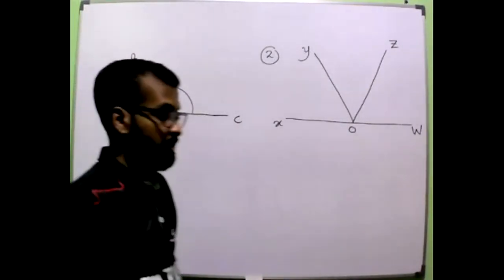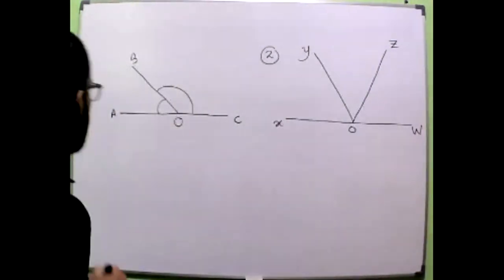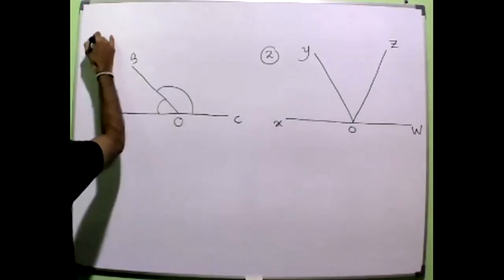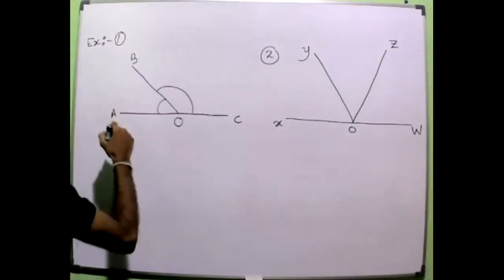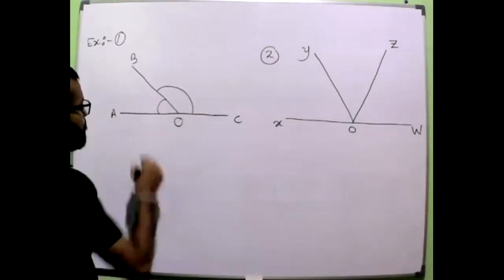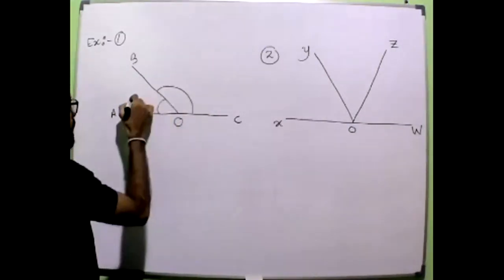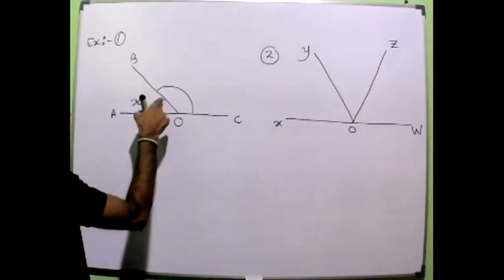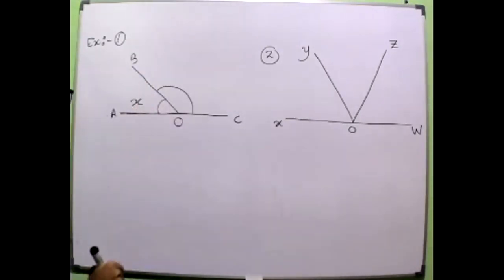Right, now let's find some angles. Example number one. Now look at the board. I do not know the value of this angle, AOB angle, so I have put X here.